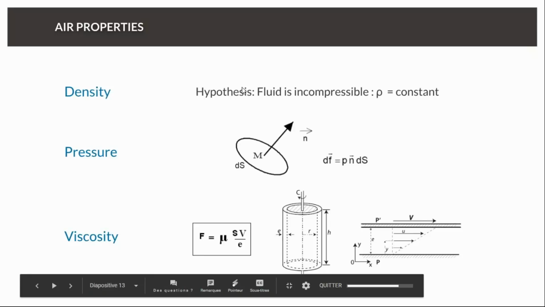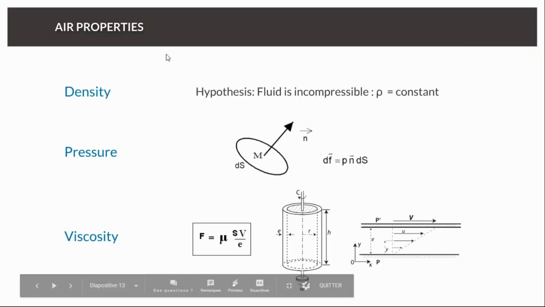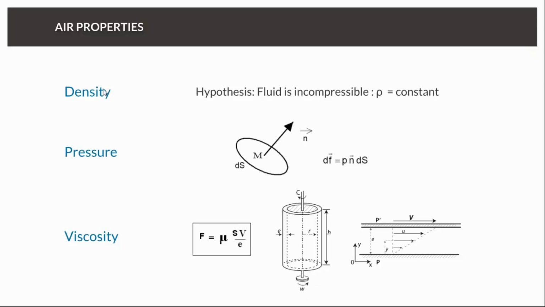Yes. So first, to remind everybody about the main air properties that will be of interest for the development. So obviously density, the air density, defined as the term rho. In most of the cases, we will consider this as being a constant, so we will consider the fluid as incompressible.